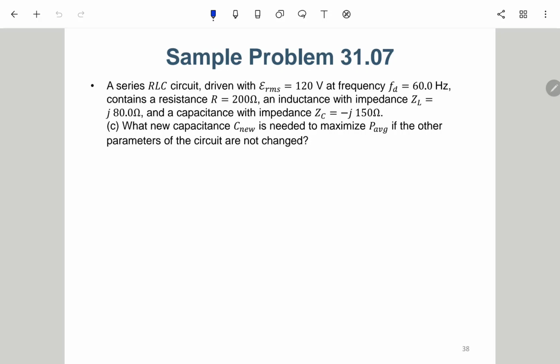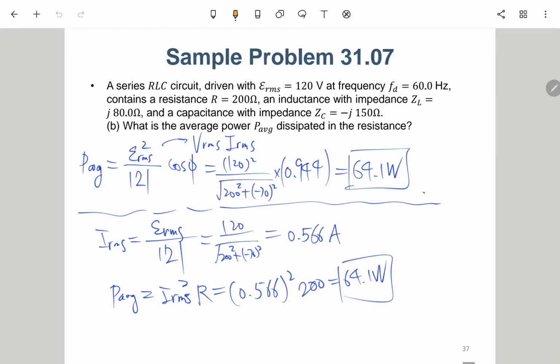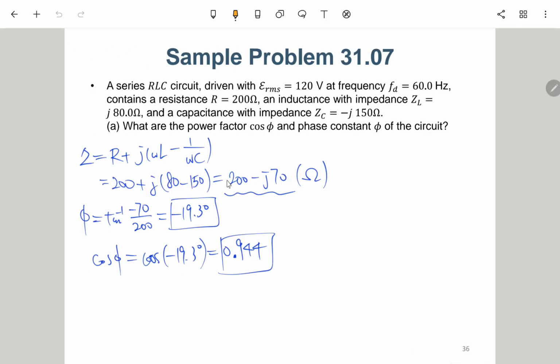Okay, and then we still have another question, C. It says, what new capacitance C new is needed to maximize P average if the other parameters of the circuit are not changed? 就是说现在我们可以改变一下电容的值，让这个P average最大。Okay, so the idea is that originally Z is 200 minus j70.